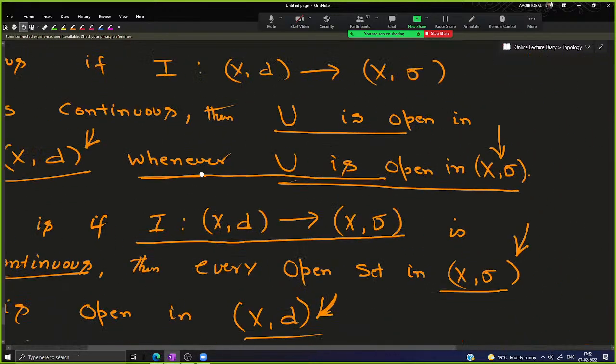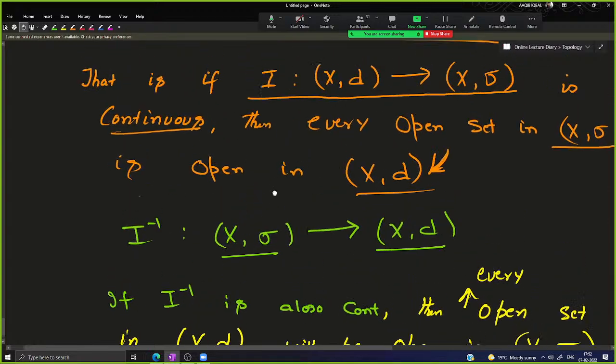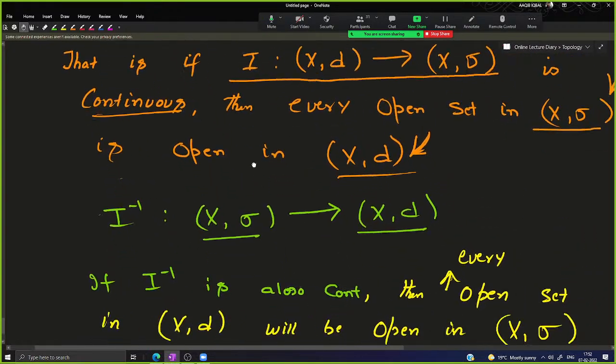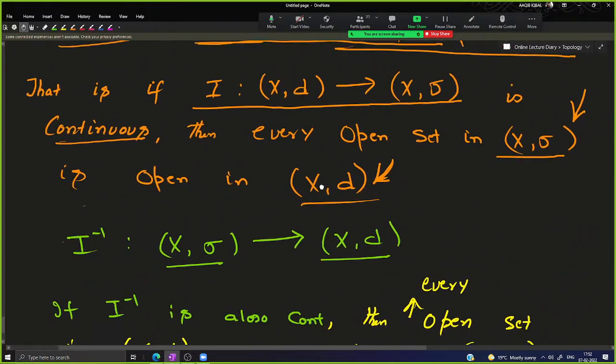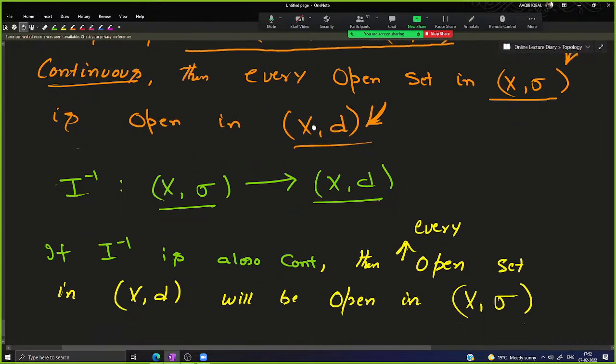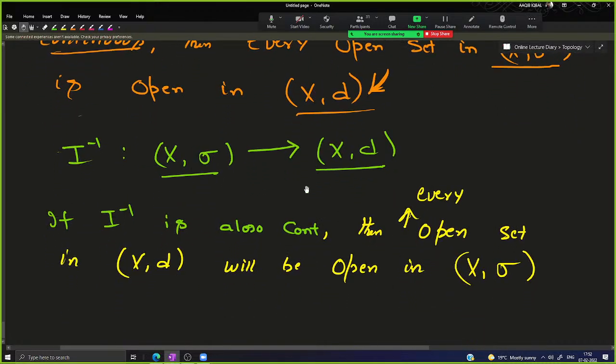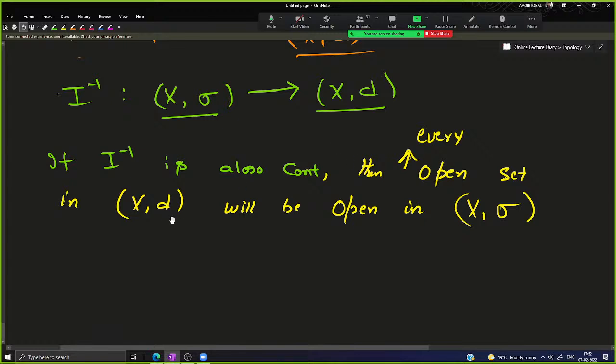So if the identity mapping acting from XD to X sigma is continuous, it means every open set in X sigma is open in XD, and furthermore if its inverse is also continuous, then it means that every open set in XD is also open in X sigma.